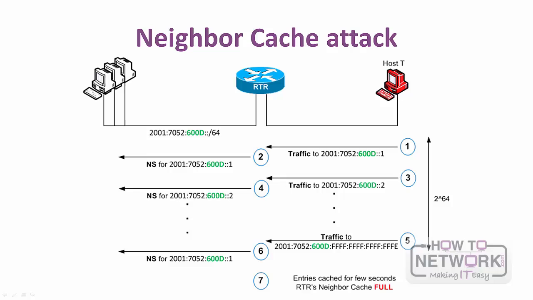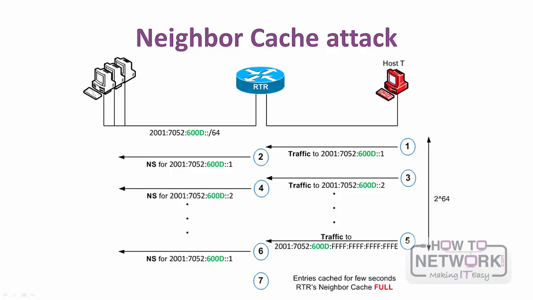Host T can start scanning 2001:7052:600D::/64 by sending a packet to the hosts one by one. Regardless of whether the destination host is present on the link, R1 will attempt to resolve their IPv6 addresses to forward the frame that is destined to them.